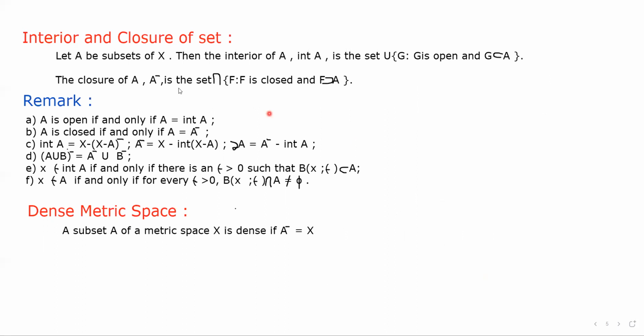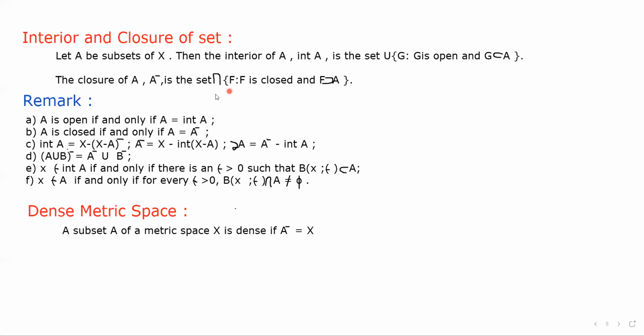Let A be a subset of X, then the interior of A is the union of all the G such that G is open and G is a subset of A. So what is the interior of A? The interior of A is the union of all the sets G which are open and subsets of A. And what is the closure of A?